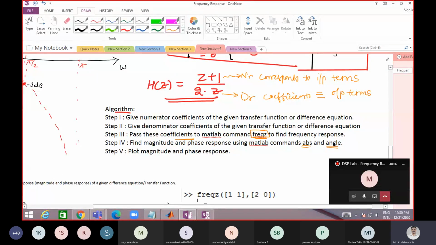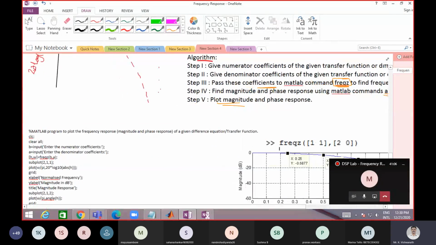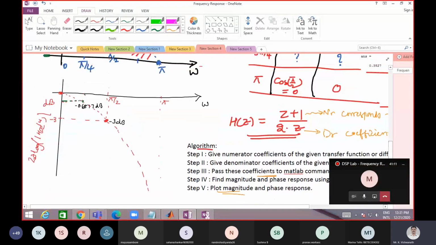Using that, we'll plot both of them, and that is what we are expected to get. We will get a decibel scale representation, and we are expected to get this curve.